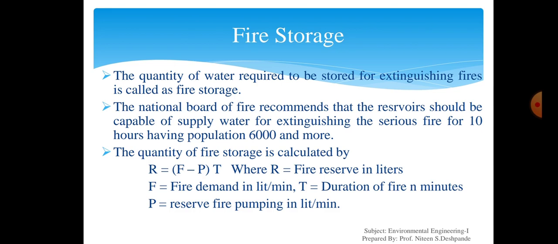So there are 4 or 5 types of formulas by which we can calculate the fire demand in liters per minute. Then T is the duration of the fire, in minutes. Okay, and capital P is the reserve fire pumping in liters per minute. So in this way we can calculate the fire storage of a town, and this is about the second type of storage, that is called the fire storage.